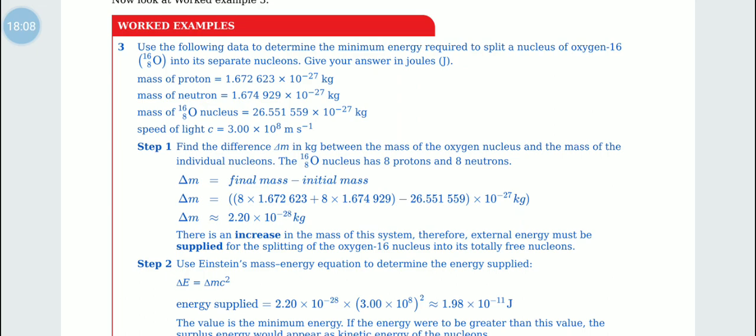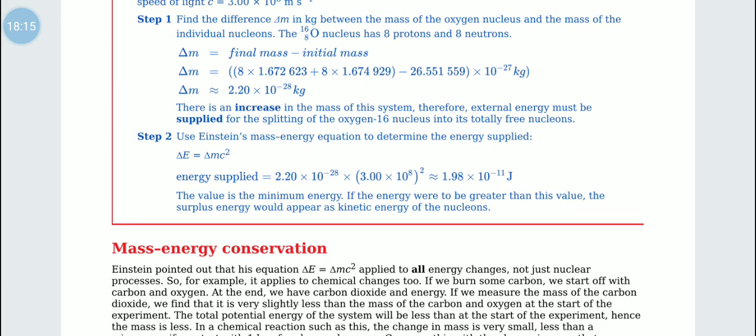Then we use Einstein's mass energy equation to determine the energy supplied. Delta E equals delta m c squared. So this amount is going to be 1.9 into 10 to the power minus 11. Now this is actually the minimum amount of energy. If we supplied more energy, then that surplus energy would convert itself into kinetic energy of the nucleons.